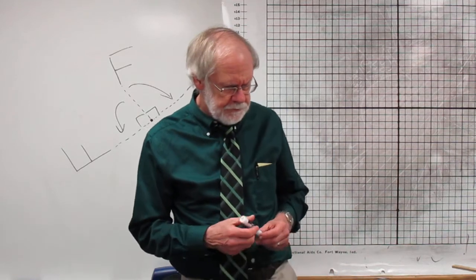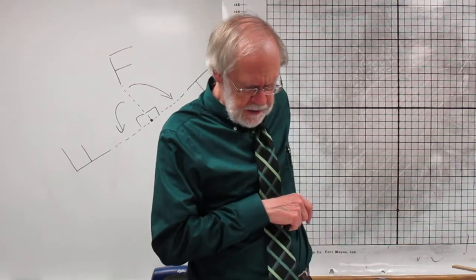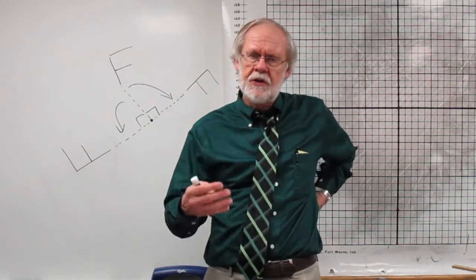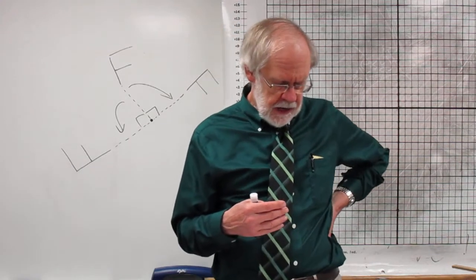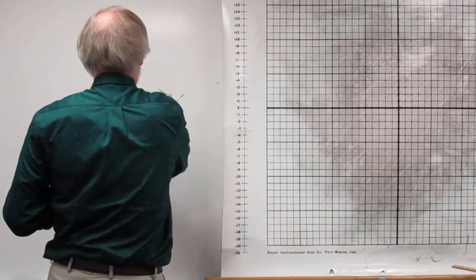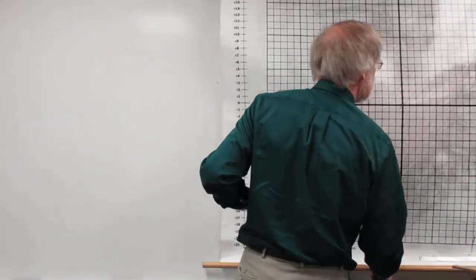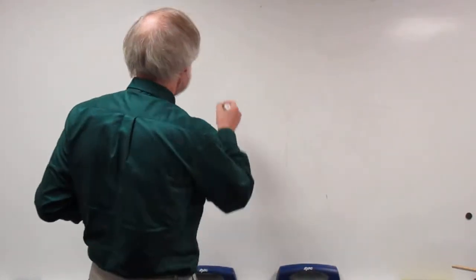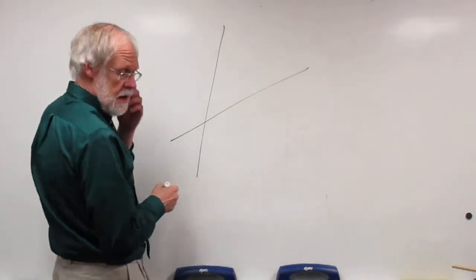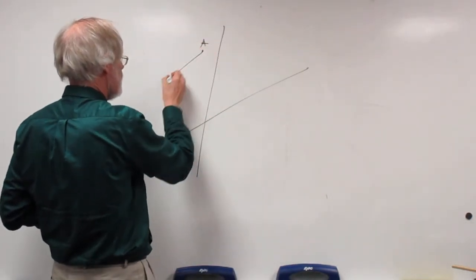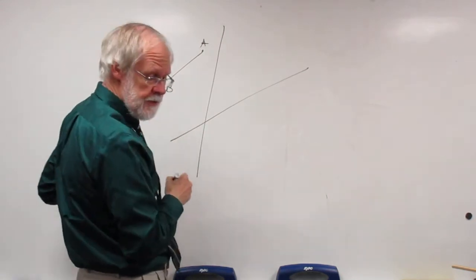All right, now, let's see if I can actually draw this here. If you have a reflection followed by another reflection, you actually end up with a rotation. And let me see if I can show you how that works. If I draw two intersecting lines, here, let's say, and here. Now, over here, let's say I have line segment AB.